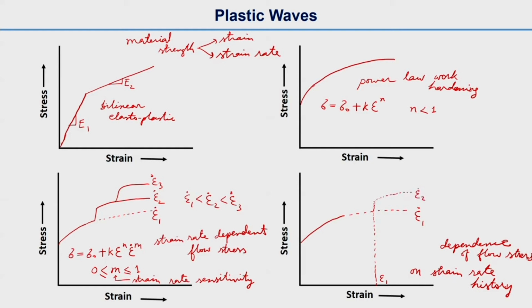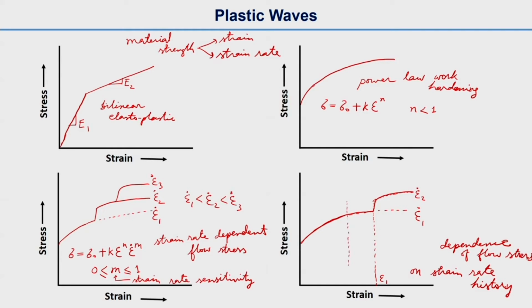What we did here is at strain epsilon 1 we increase the strain rate from epsilon dot 1 to epsilon dot 2. So now the material behavior is something like this.